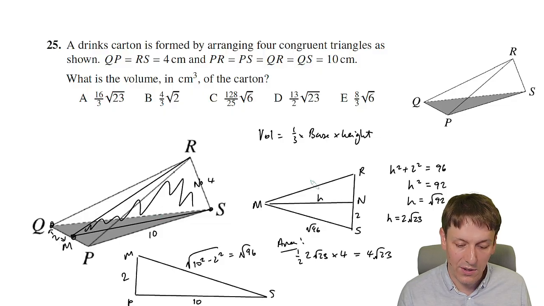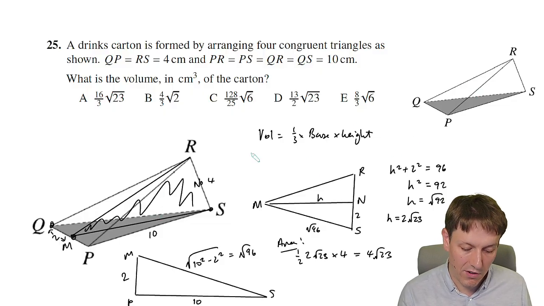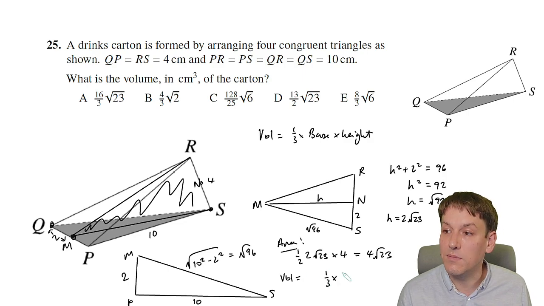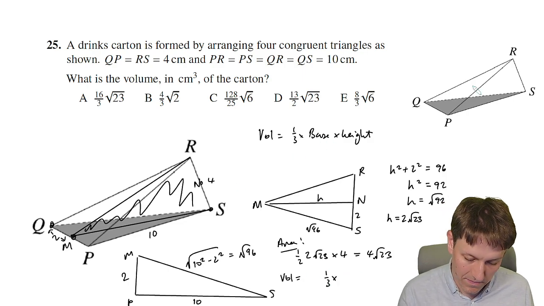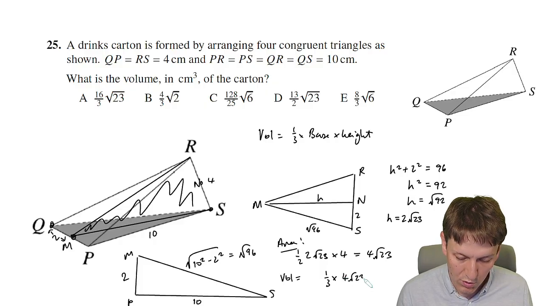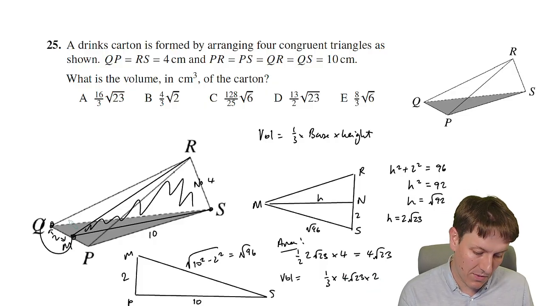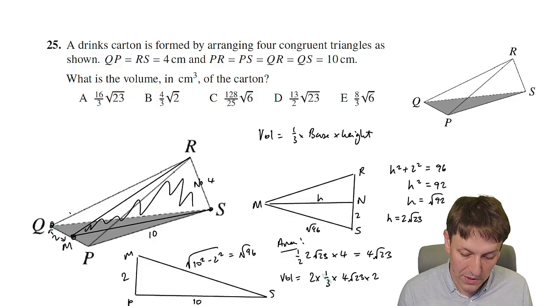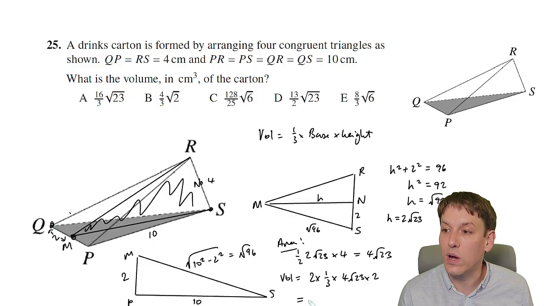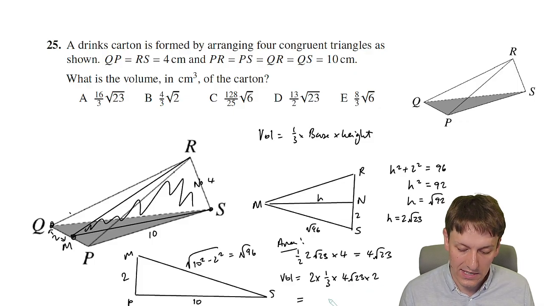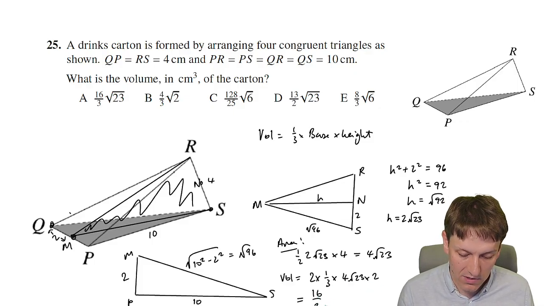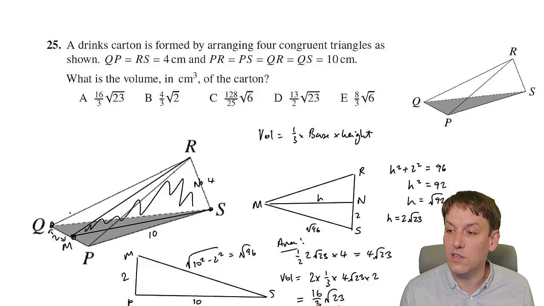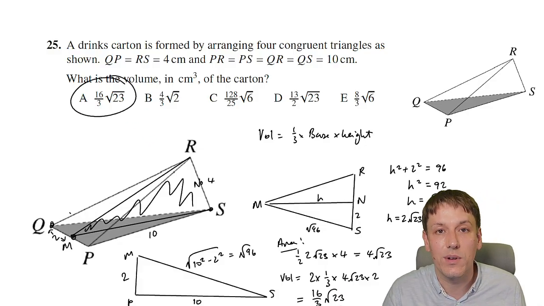And remember, I wanted to work out the volume of the pyramid, so that's going to be 1/3 times the base area, which is 4 root 23, times the height of the pyramid here, which is 2, and I've got two congruent pyramids, so there's that one and the one on the other side, so I just need to multiply this by 2 at the end as well. So I'm going to get 2 times 4 times 2, that's 16 over 3 times the square root of 23, and that gives me the answer to this question, which is A. So very well done if you got that right.